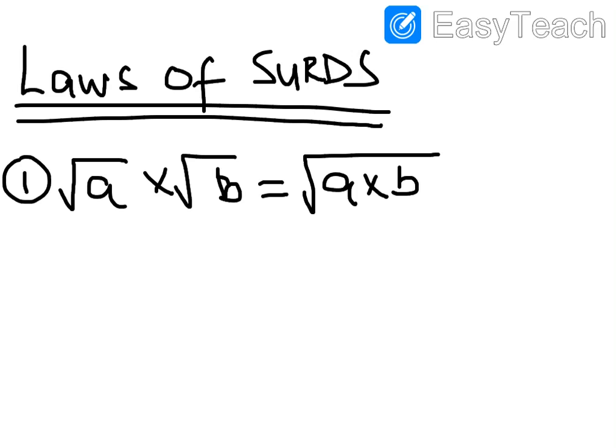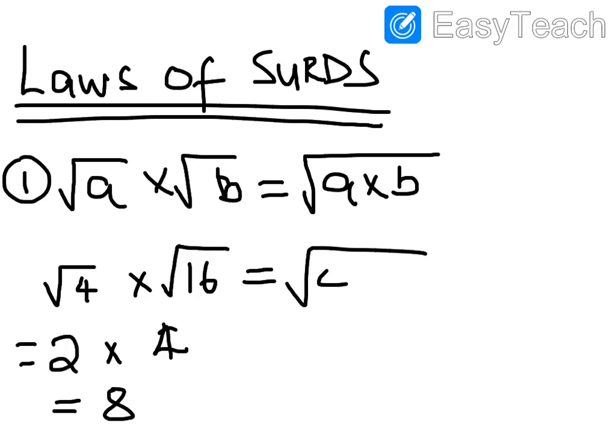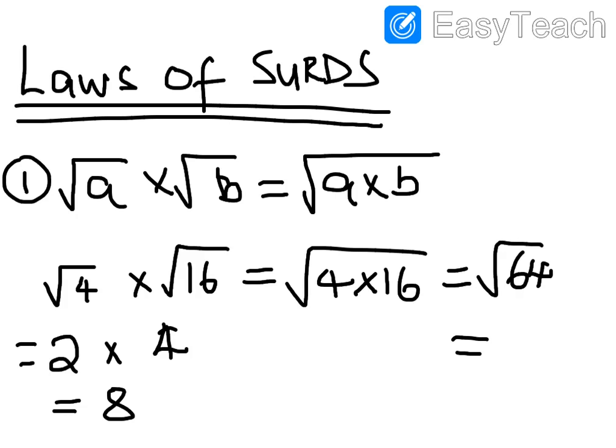For example, if I have square root of 4 times square root of 16, we all know that square root of 4 equals 2 times square root of 16 equals 4, which gives us 8. But let's say this equals square root of 4 times 16 equals square root of 64. This also equals 8. This is the first law of sets.